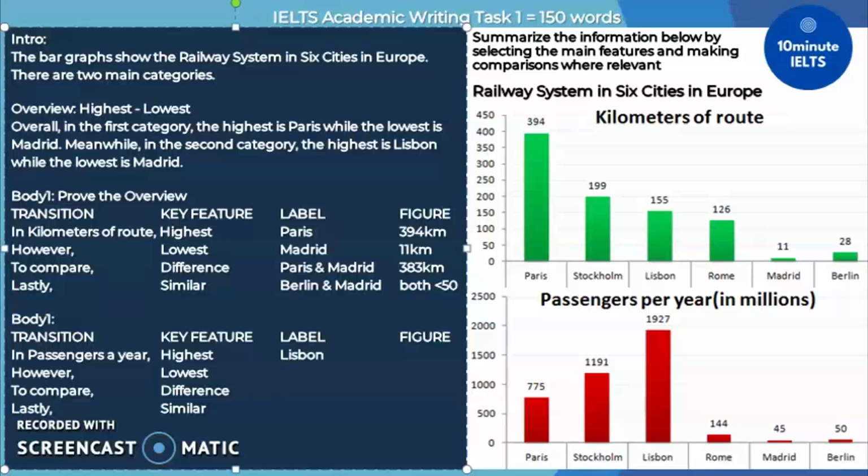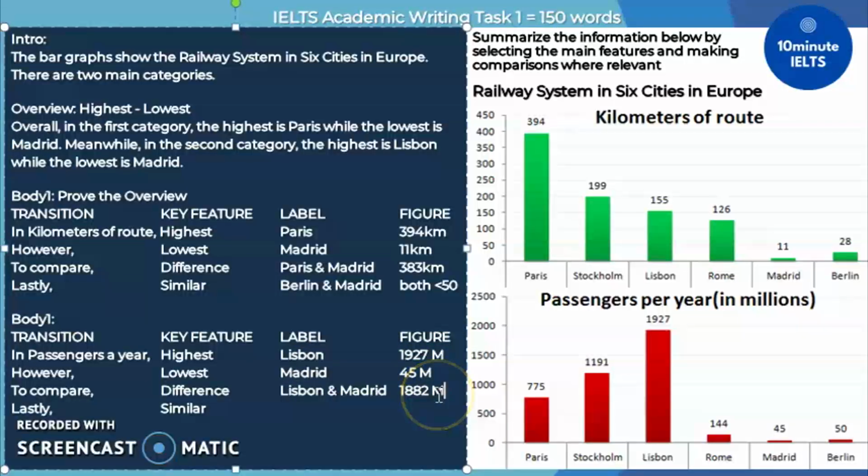with 1,927 million. The lowest is still Madrid, with 45 million. And the difference between Lisbon and Madrid is 1,882 million. Now, if you're having difficulty with mathematics, that's normal.